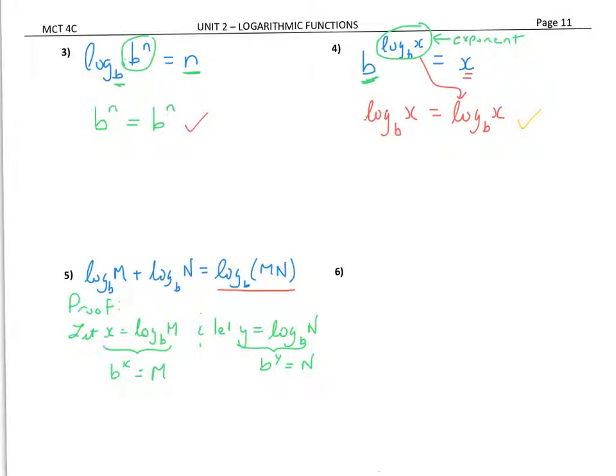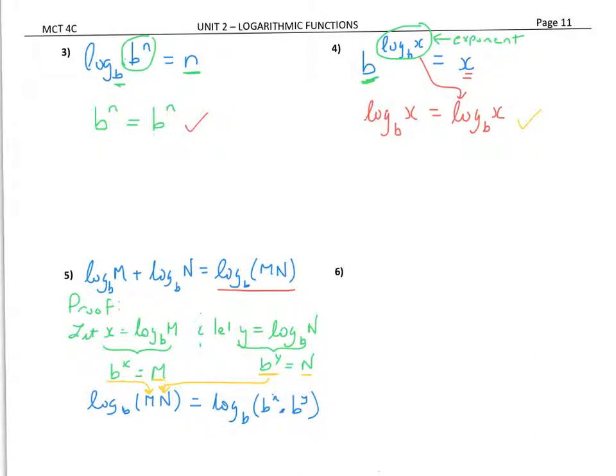I'm going to take the log base b of mn, and that would be equal to, now we know that m is equal to b to the x, so b to the x replaces the m, and n is equal to b to the y, so b to the y replaces the n. So that becomes the log of b to the x times b to the y.